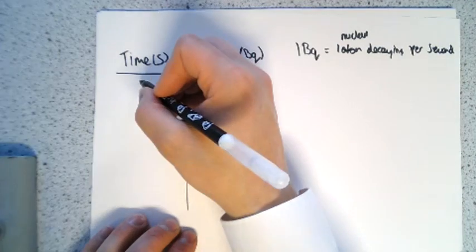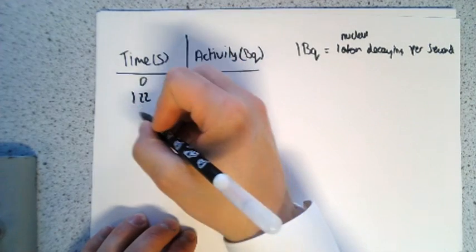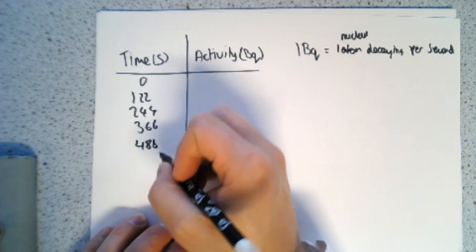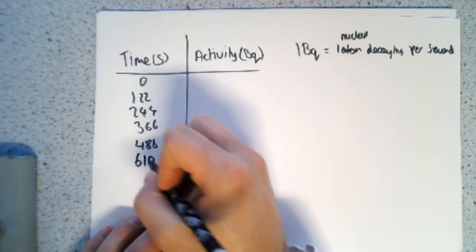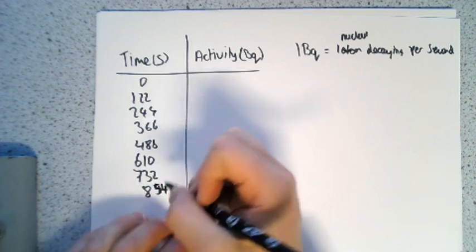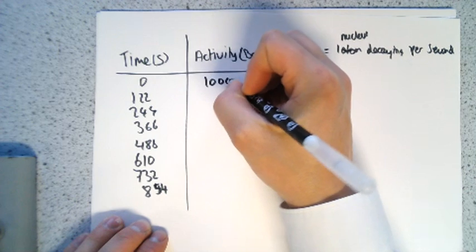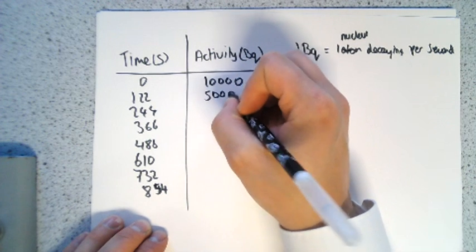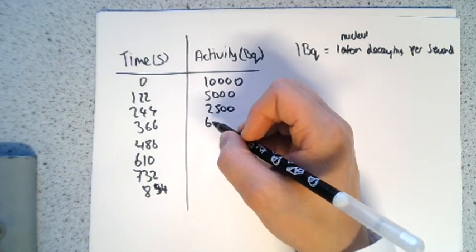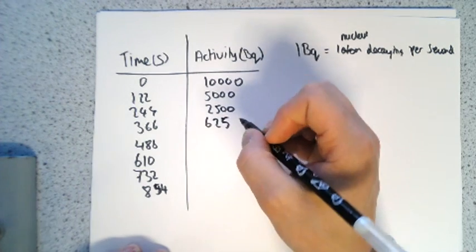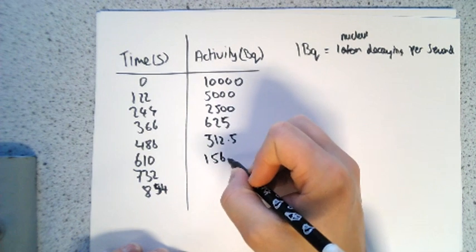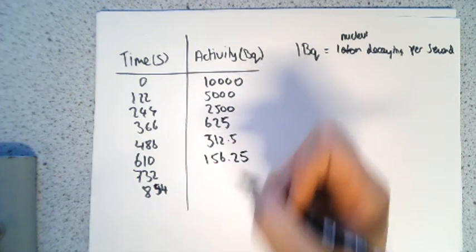So we could have time, and bear with me, I'm using some numbers here, and it will all make sense in a minute. 366, 400. If you just tuned in, a little kind of nutter now, just writing random numbers down, please bear with me. And the activity: 10,000, then 5,000, then 2,500, then 625, then 312.5, then 156.25.